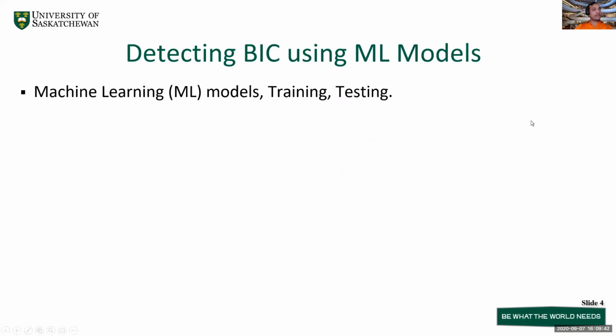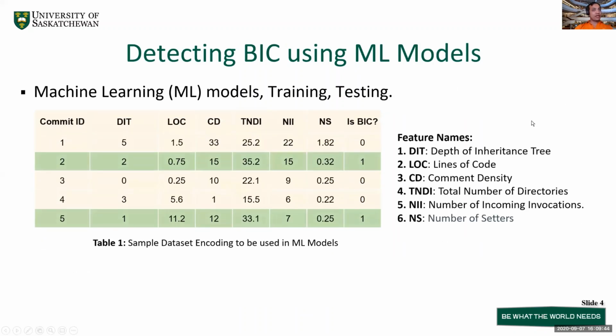So what I did here: I am showing a sample data set with 5 commits. Among them, 2 commits are labeled as bug-inducing, and 3 of them are non-bug-inducing.